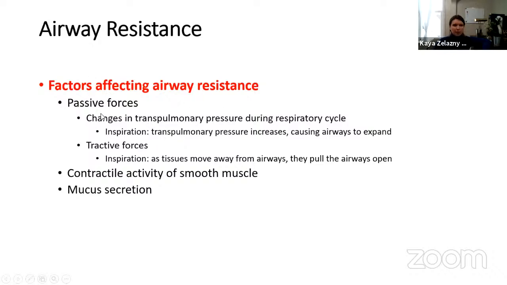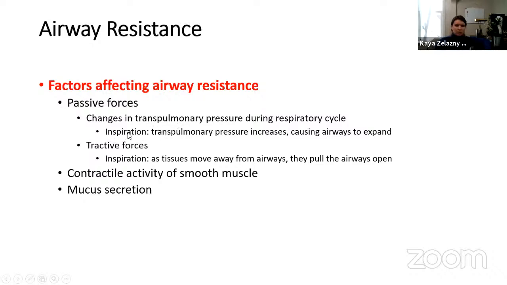Passive forces on those airways: one we've talked about when we were talking about the alveoli. The transpulmonary pressure, the pressure created by the intrapleural space, has an effect on the alveoli, and also has an effect on the airways, the tubes.